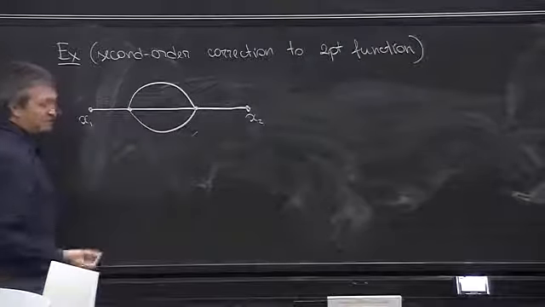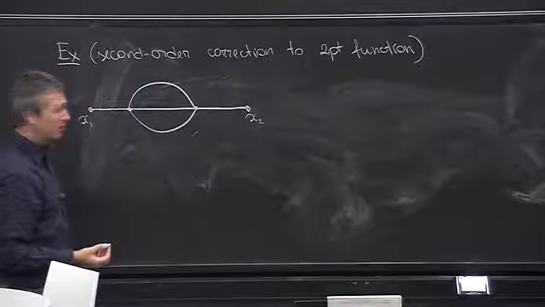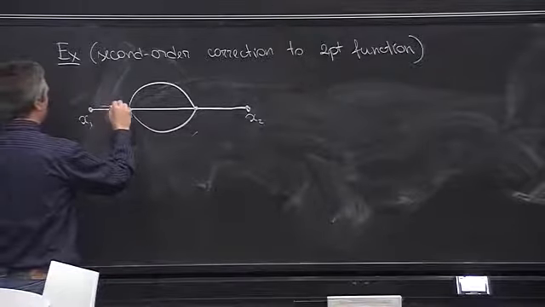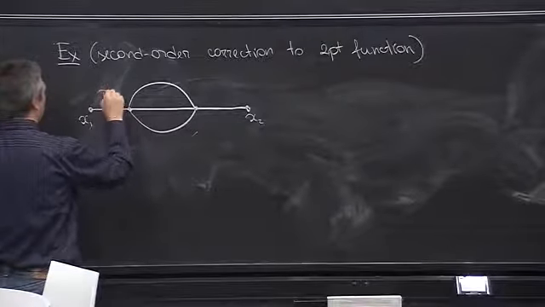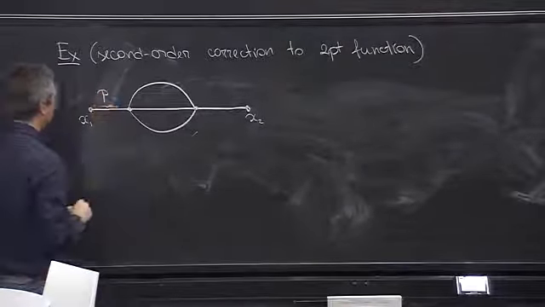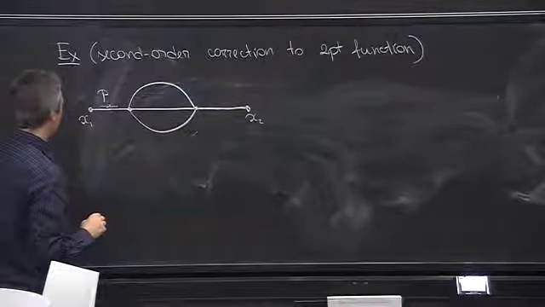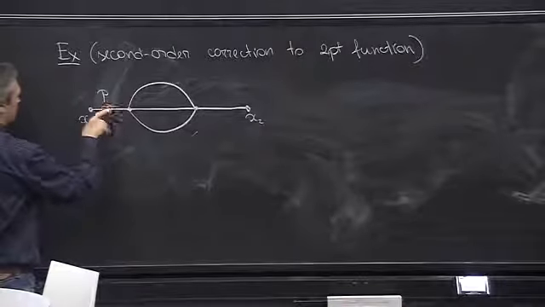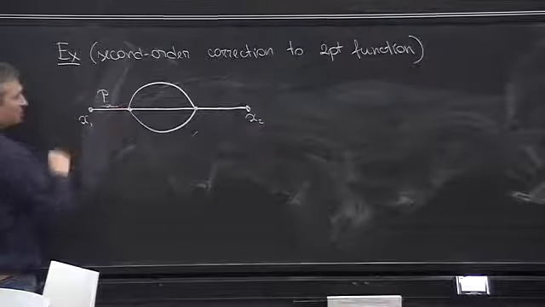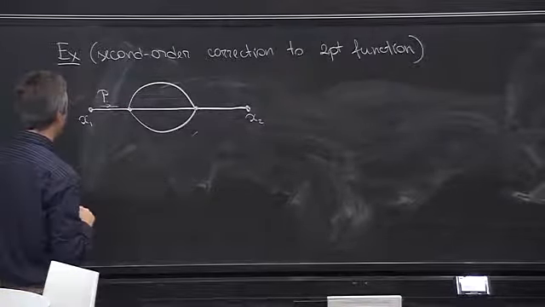Then we start assigning momenta to all the lines in the diagram. Here we have, say, momentum P, and this momentum branches into three momenta.